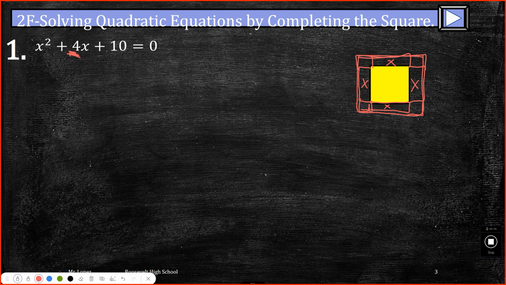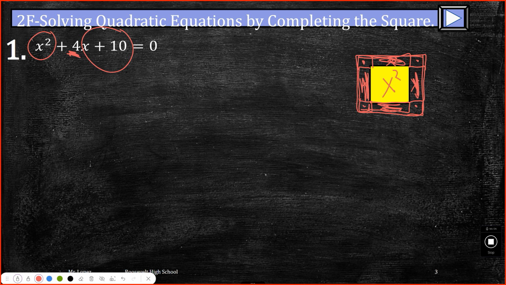See what's going on here is that I do have an x squared, which is this yellow one. I have 4 x's, which is 4 sticks: 1, 2, 3, and 4. And I have 10 little tiny ones though. That's the problem. I got 10 of these, and now I only need 1, 2, 3, 4. I only need 4.